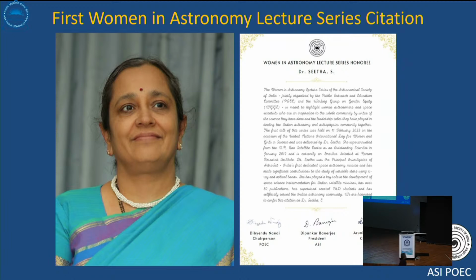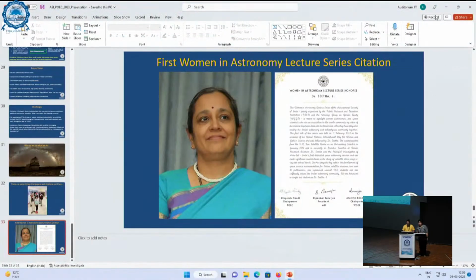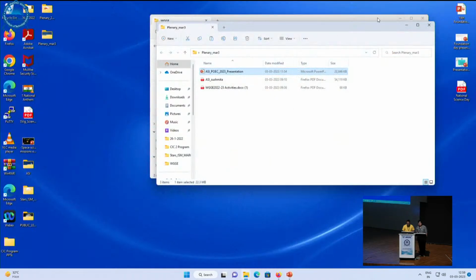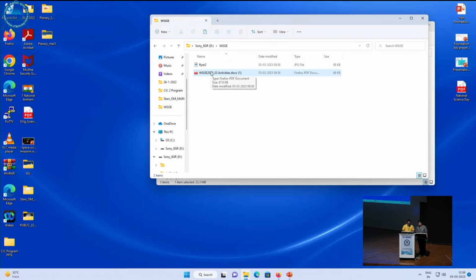set of activities. I think this is by the Working Group of Gender Equity, and in this, Arunima will be making a short presentation followed by a panel discussion. So, Arunima, yeah, 30 minutes. Yes. I'll give you a reminder. Good afternoon. As you know, we have planned for a panel discussion in this session on personal observations of gender equity in academics.